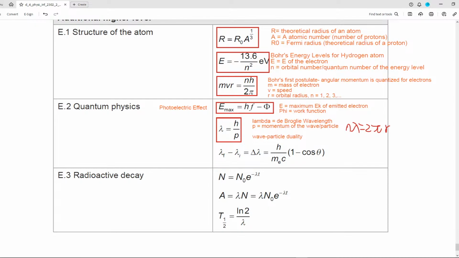With this he was able to rederive Bohr's first postulate, and mathematically redetermine everything Bohr had done. So this explains that.